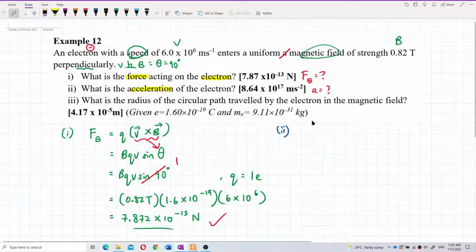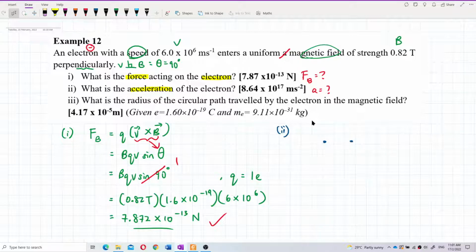Perpendicularly. That means, let's say the magnetic field is going out of the page. Oh no, it's an electron, right? The electron is moving in this direction.